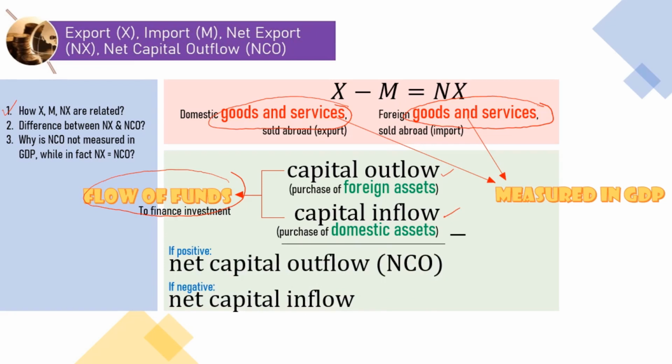If negative, it is called net capital inflow, since capital inflow is now more than capital outflow. Capital flow is just a flow of funds to finance investment or the purchase of capital goods, as I said. No direct purchase of goods or services in the economy. Therefore, they are not included in the GDP.